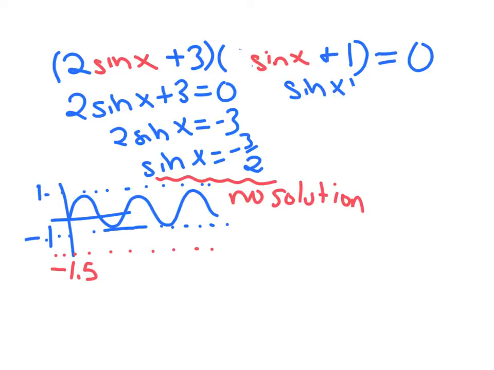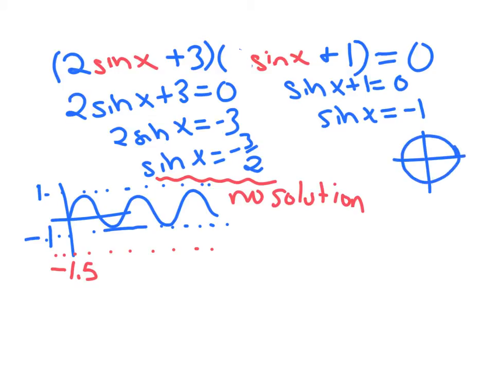We can set the other factor equal to 0, though. Isolate the trig function. Once you have the trig function by itself, then you would grab your unit circle. And for -1, I'm going to just do a quick sketch here. Remember that sine is the y-coordinate on the unit circle.